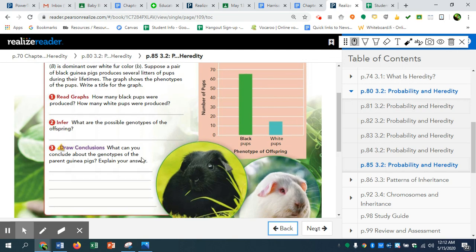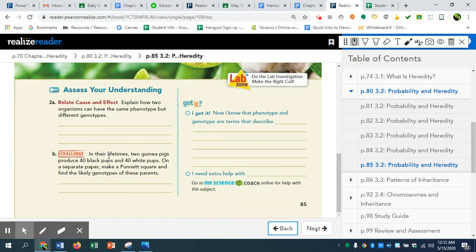And then the next question says, in their lifetime, two guinea pigs produce 40 black pups and 40 white pups. On a separate piece of paper, make a Punnett square and find the likely genotypes of these parents. So it's saying that 50% of their pups were white and 50% were black. We have to try a couple of different combinations.